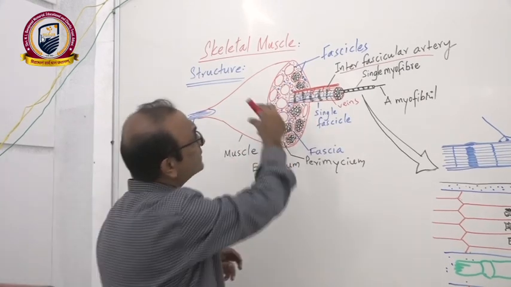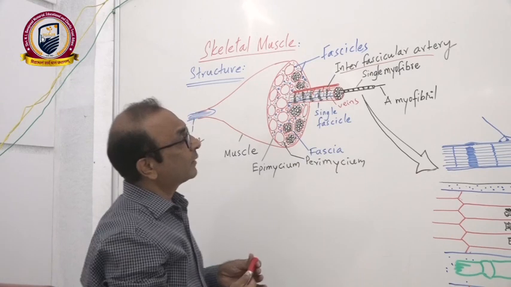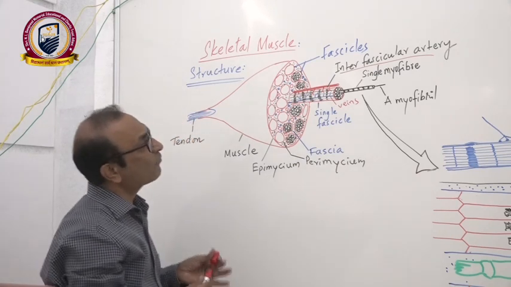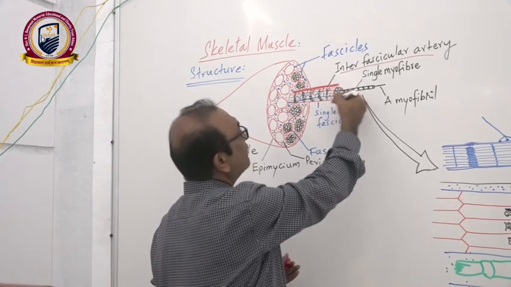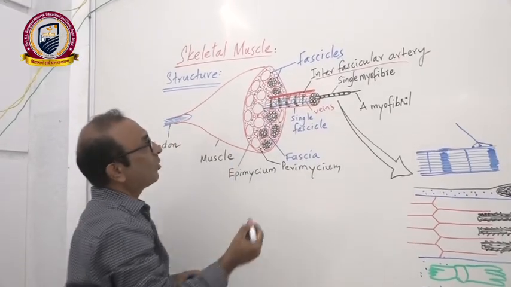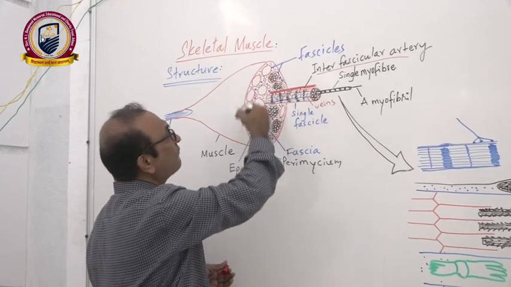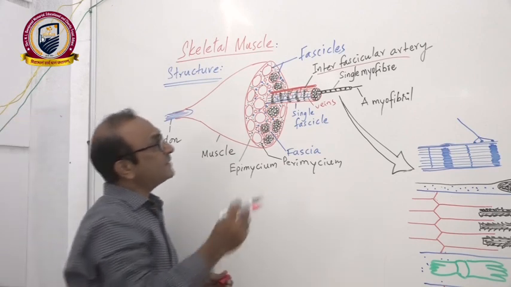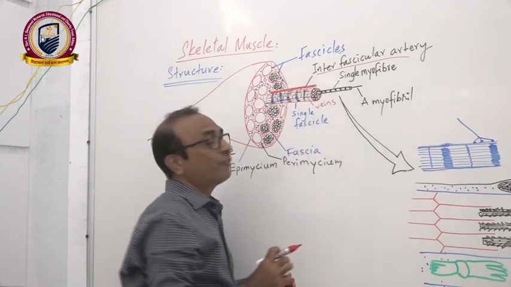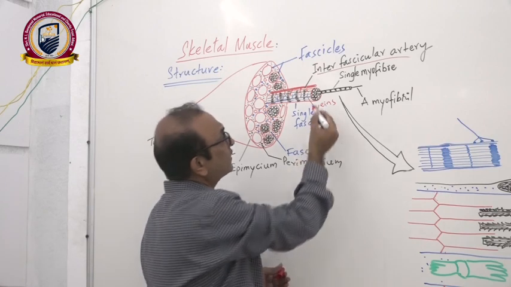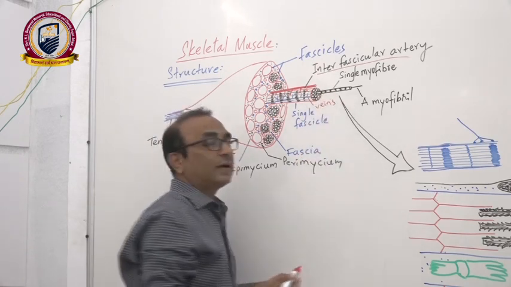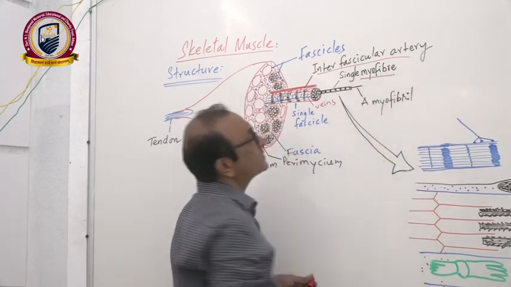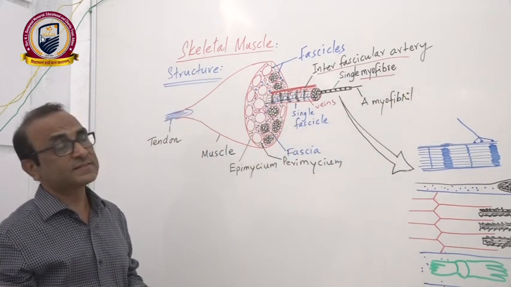So these bundles of the muscle fibers are called myofibers also. So bundles of myofibers is called a fasciculum, or a fascicle, and so many fascicles are there inside the muscle. Okay, and inside a fascicle of the muscle you find that there are several hundreds of myofibers or muscle fibers, single cells, right?